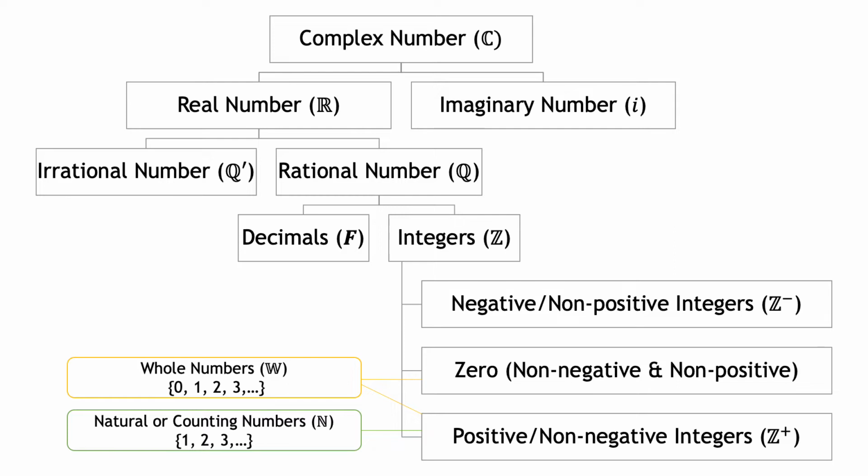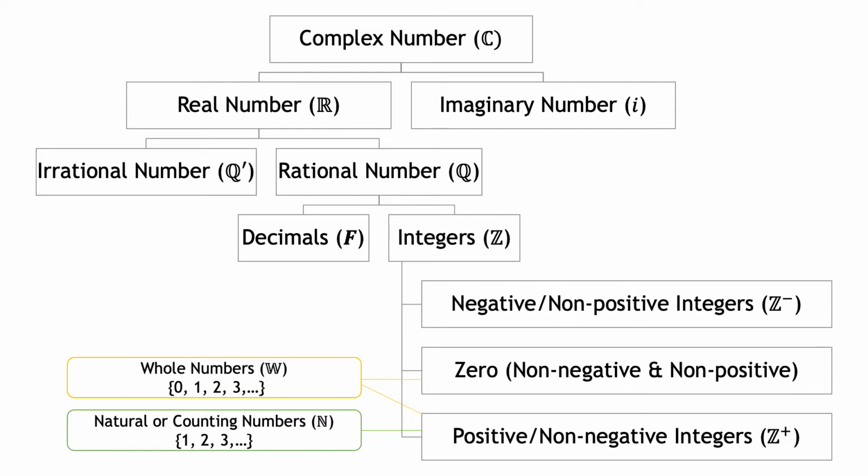Okay. Then, we have now the integers. Integers are not difficult to understand since we have the negative numbers, the positive numbers, and 0. Please remember that 0 is neither negative nor positive. So, 0 has no sign. So, we have the negative numbers and positive numbers plus 0.